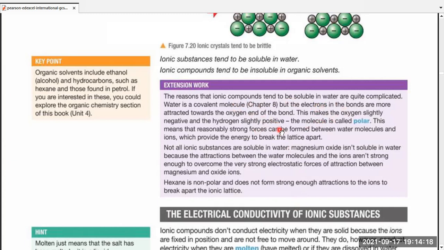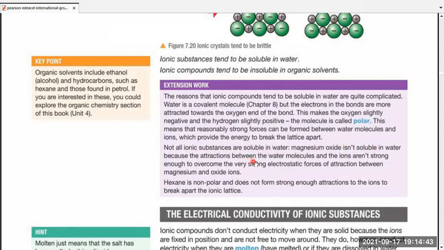We cover it when we discuss water in covalent structure. The molecule is called polar because it has partial charges, not the complete charges that we get here in ionic bonding by the complete transfer of electrons, but water has the capacity to attract the charges. So it may dissolve ionic substances, but remember, not all ionic substances are soluble in water.